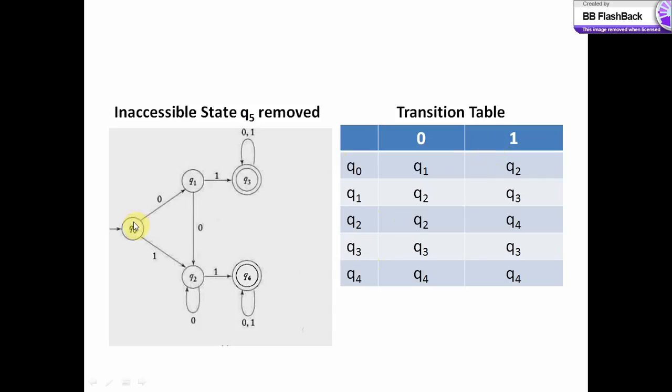So Q0 on reading 0 goes to state Q1. Similarly, Q0 on reading 1 goes to state Q2. So in this way we can fill this transition table.